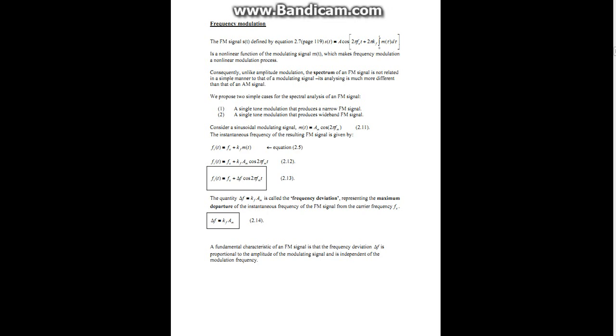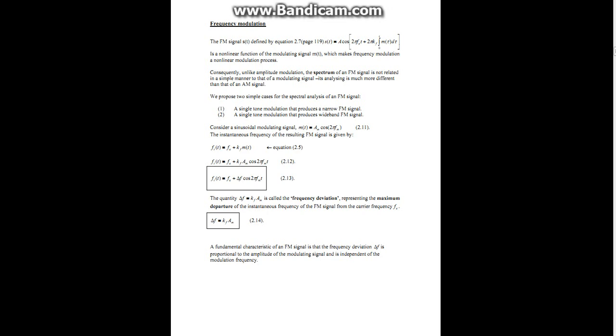Single tone modulation is so called because a signal which contains only one frequency is called a single tone signal. It is defined as m(t) = Am cos(2π fm t), where Am is the amplitude of the message signal and fm is the frequency of the message signal.